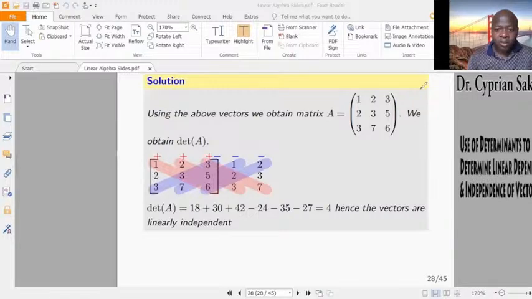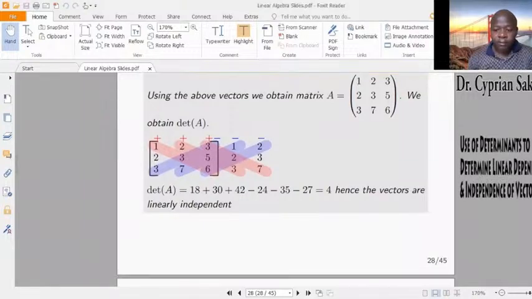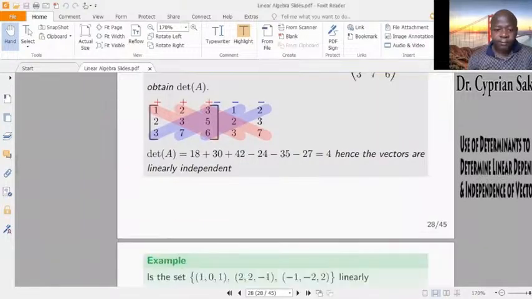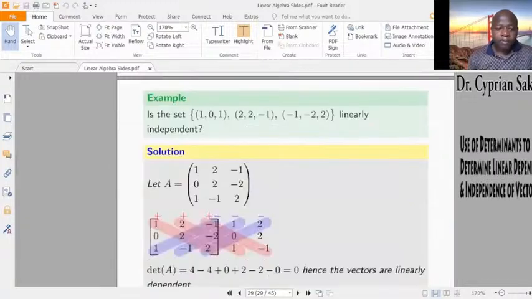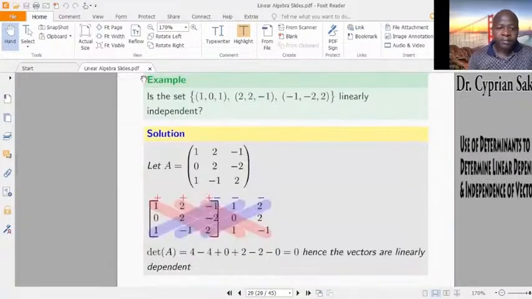So let's look at another example. I have this set comprising of this vector, this other vector, and this other vector.